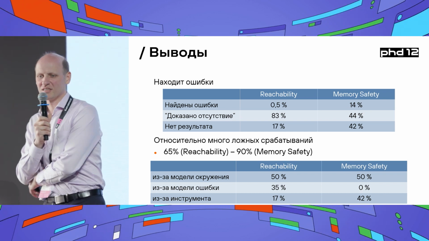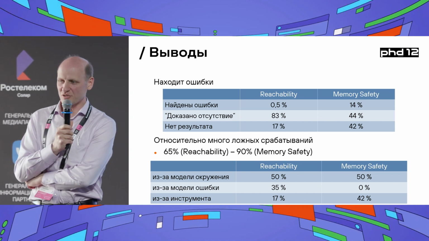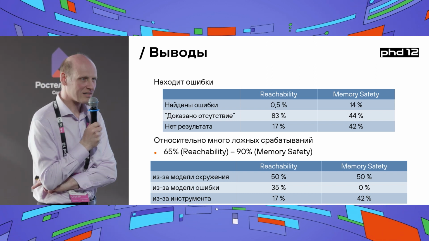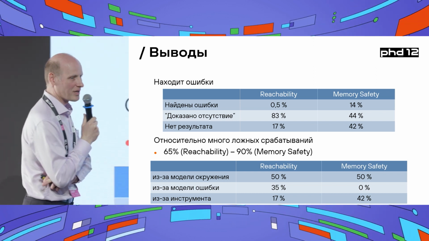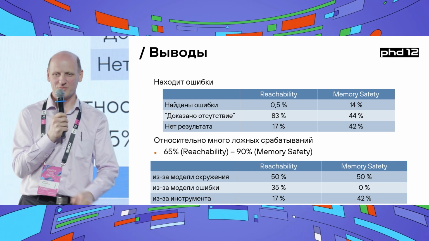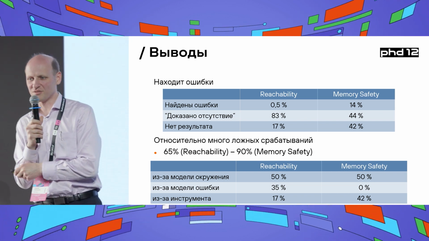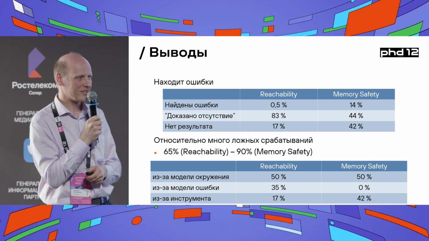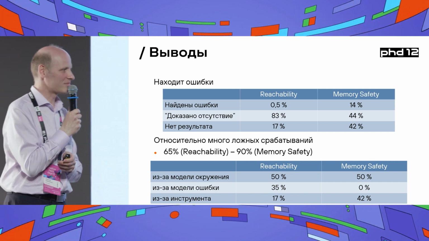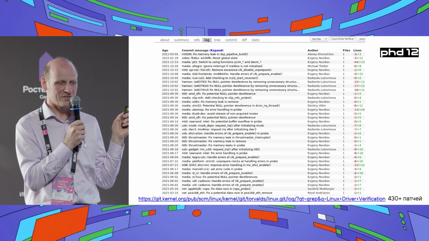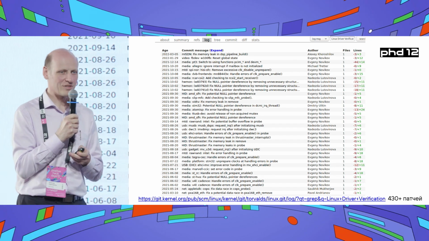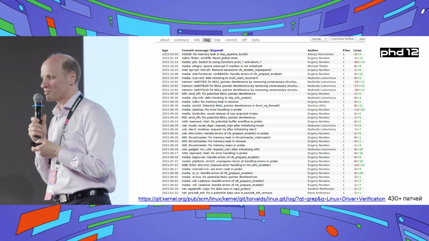Most of them come from the environment, which means that we have to do more about specification of the rules. Without any fanaticism, if we go into great detail, then you will get to the no result line. Let's go back to the previous slide. The result is not bad at all.